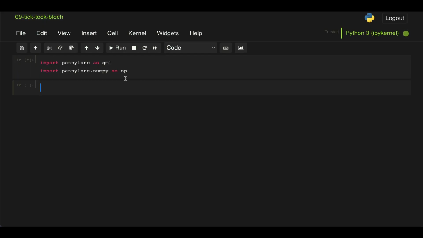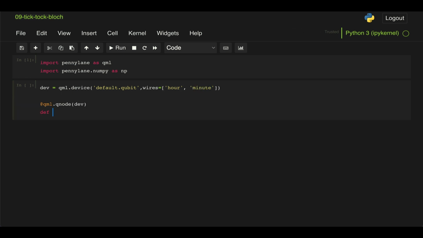So as always, the first thing we do is we import PennyLane and NumPy, and we just need to define a device that is going to have two qubits, one for the minutes and one for the hour. And in this problem, we have to pass this as a list that specifies each one of them.